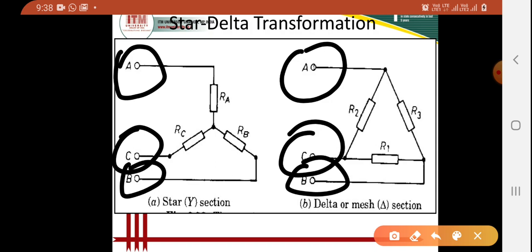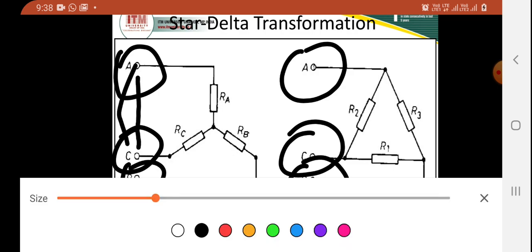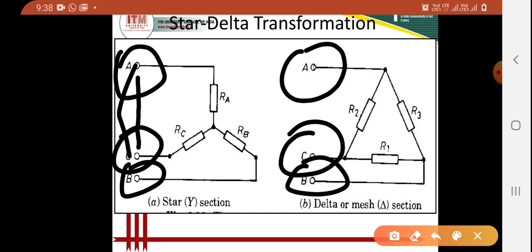Their equivalent can be measured between the terminals A and C, or A and B, or B and C, for either star or delta connection. Similarly here, A and C, A and B, and B and C.